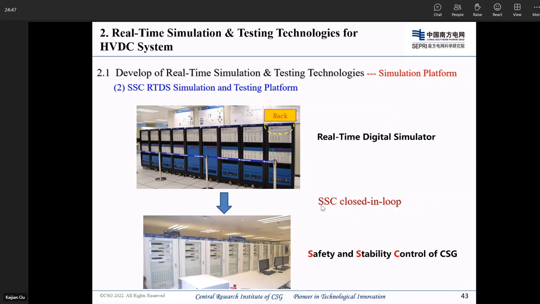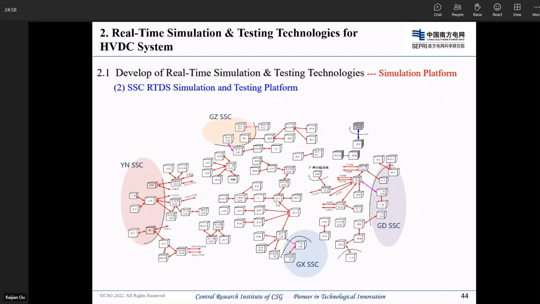This SSC, safety and stability control, is in closed loop with RTDS. This is a typical SSC of CSG: Yunnan, Guizhou, Guangxi, Guangdong SSC. Every province has a safety and stability control, and it is also connected with RTDS.